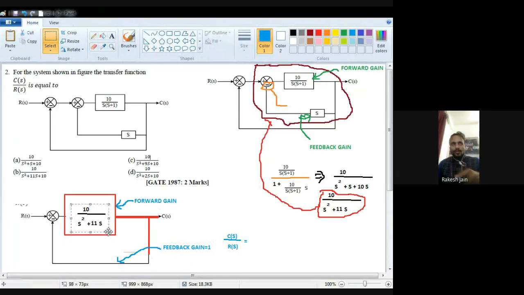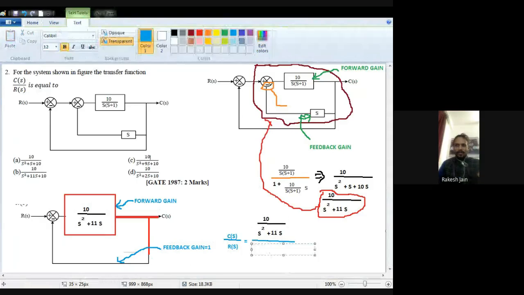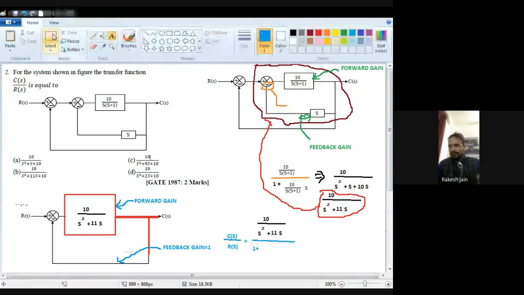So I put this same value, divided by 1, because with negative feedback I have to put plus, since it is a positive sign. So forward into feedback: forward is this, and feedback is equal to 1 only. There is no meaning in writing the feedback gain because it is 1.